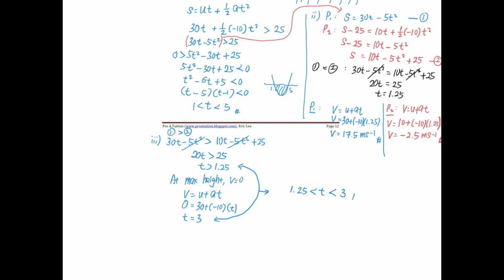So this is the time. Greater than 3 we can't take already. Even equal to 3, we can't take also. Equal to 3 is where it is stationary at the maximum height, which means it is not moving upwards anymore. It is stationary, no upwards and no downwards at that time. After 3 is downwards, we can't take also. Okay, so that is the answer for these questions.